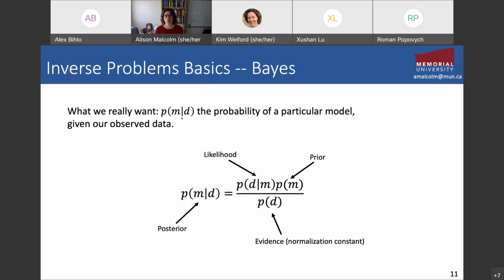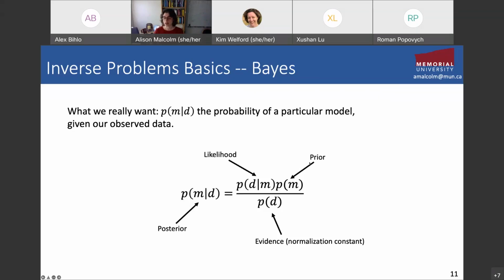Now, these terms all have a standard lexicon, and when we put in that lexicon, it becomes a little easier to see what we're actually trying to do. Our P of M given D is our posterior. That's what we know after we've done our experiment. We have our likelihood, which is essentially our objective function. We have our prior, which is what we know before we start.